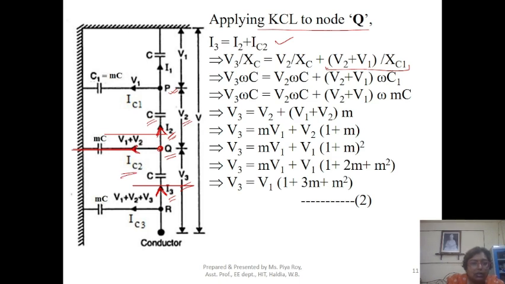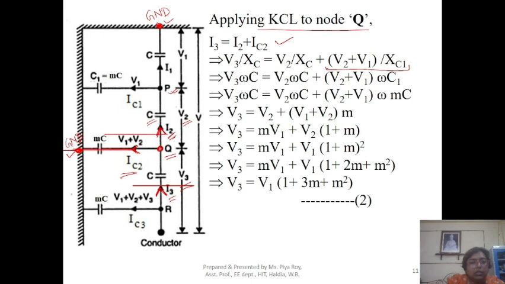Now look again, this is node Q, and this point is nothing but ground, and the whole tower and cross arm are at ground potential. So if this is ground, obviously this point is also at the ground potential. So this ground node and this ground node are the same.